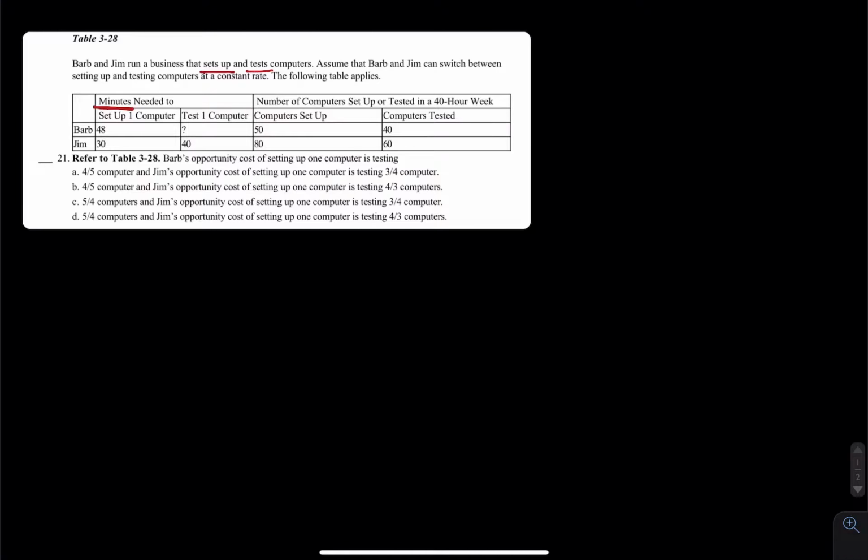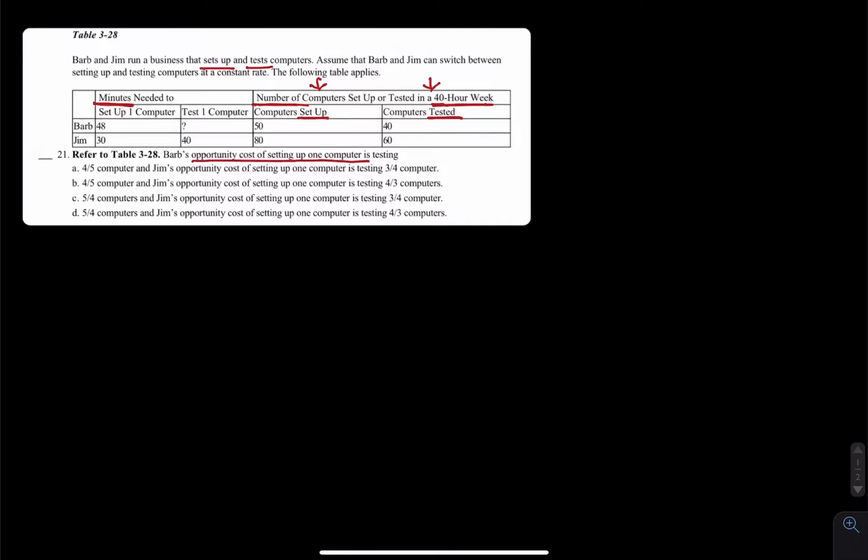And in the last two columns right here, you are given the number of computers set up or tested in a 40-hour work week. Now the question, you always want to go back to what the question is asking you. The question is asking you about the opportunity cost of setting up one computer. Right?